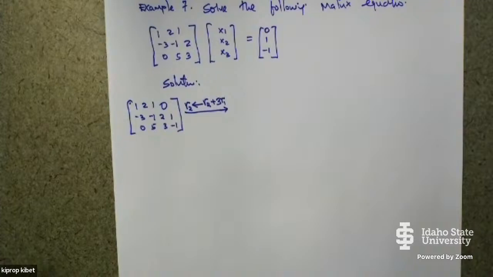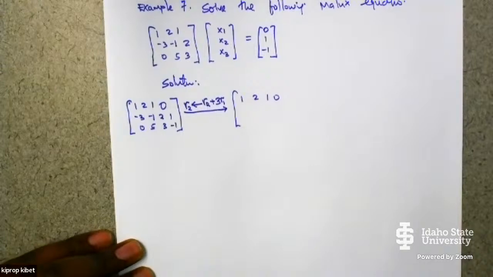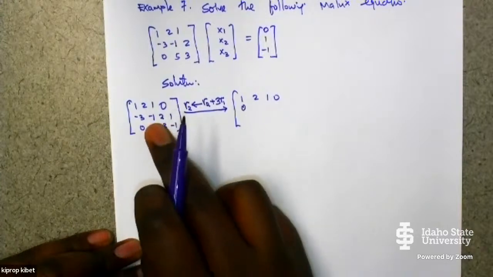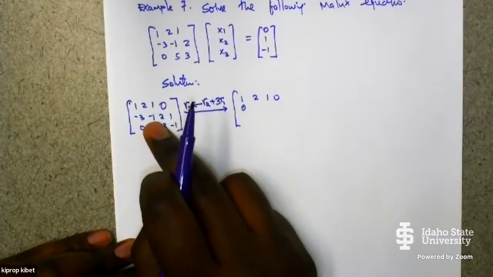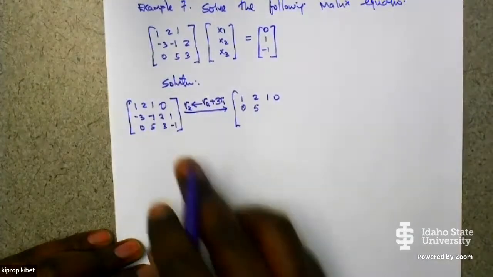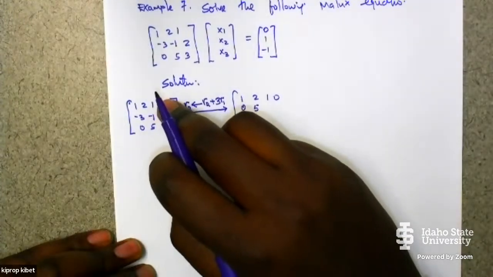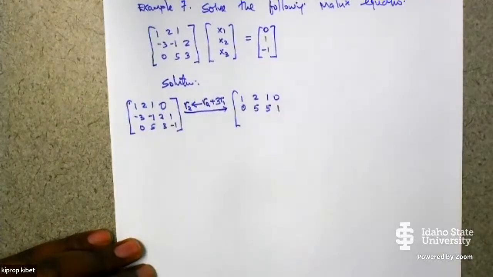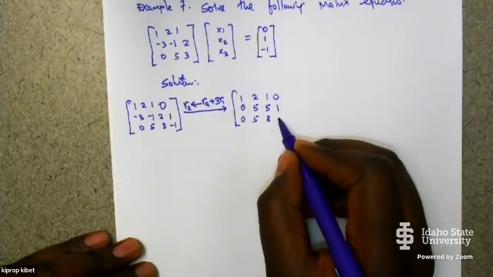The first entry will be 0, then -1 plus 2 is 5, 2 plus 3 is 5, and 1 plus 0 is 1. This row still remains the same: 0, 5, 3, and then -1.